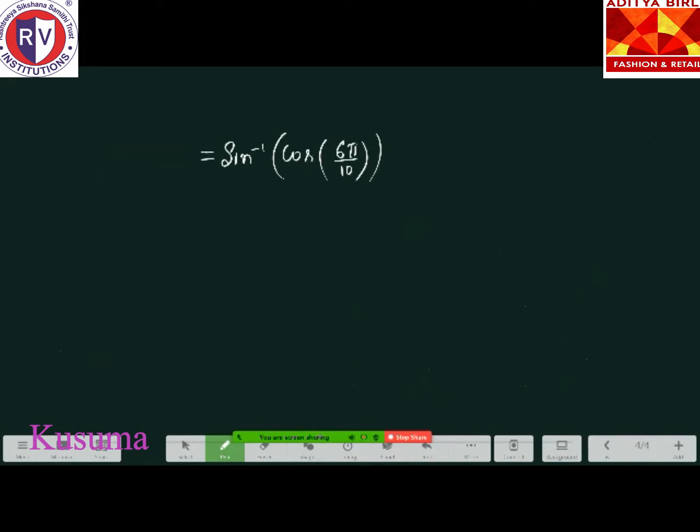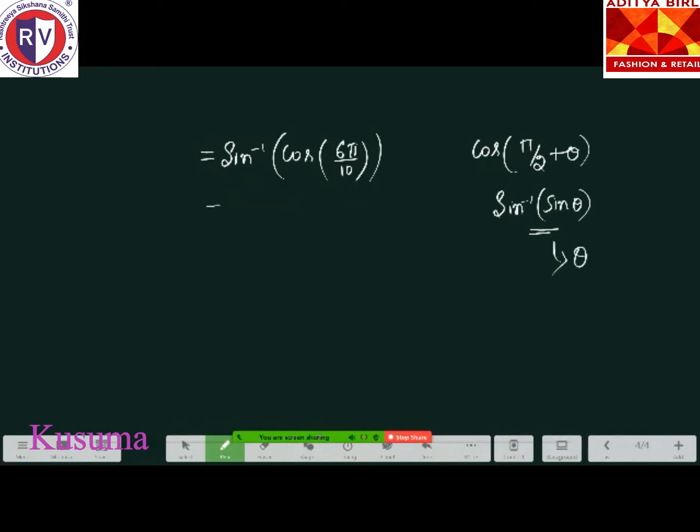Because I need to get this to the form cos of pi by 2 plus theta, so that we can get sine inverse of sine theta. Only when we get sine inverse of sine theta, we can write the theta directly. We can get the value.